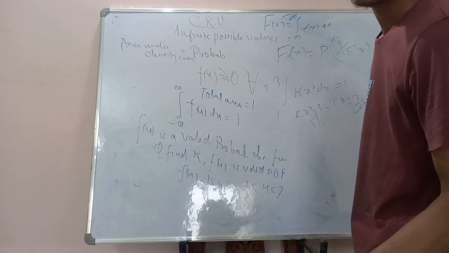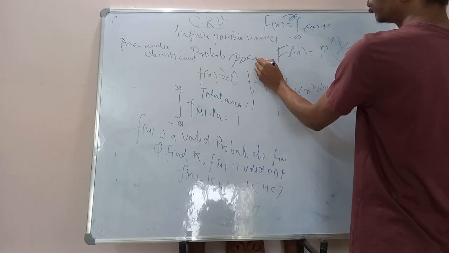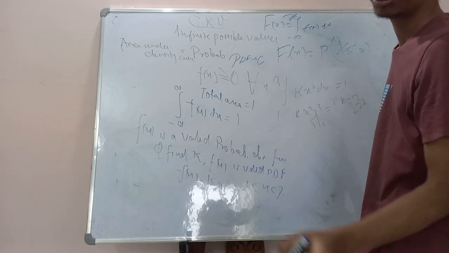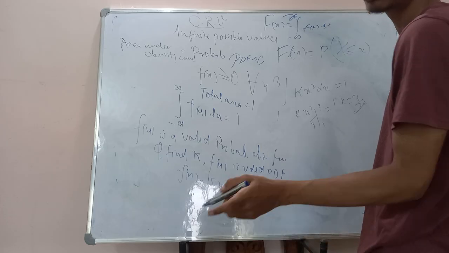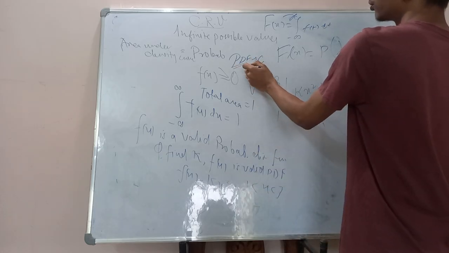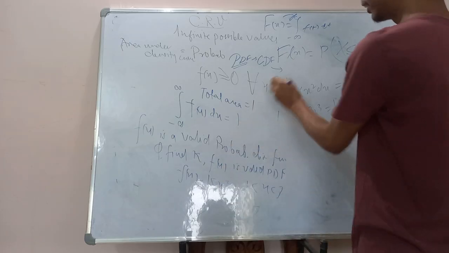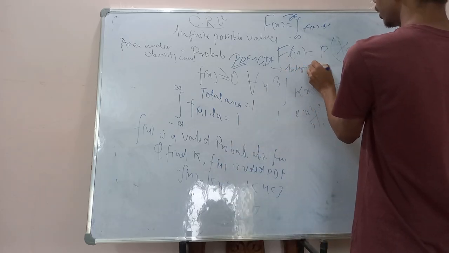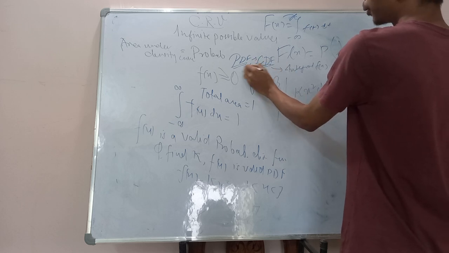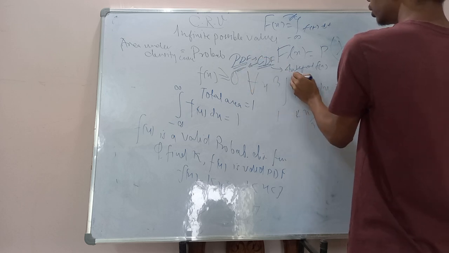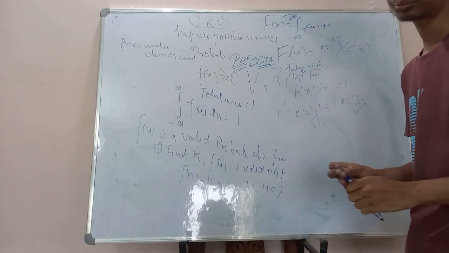To get from the probability density function to the cumulative distribution function, I should integrate f(x), and to get from the cumulative distribution function back to the probability density function, I have to differentiate capital F(x).